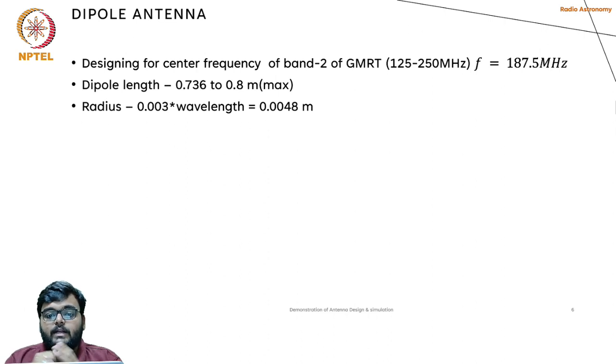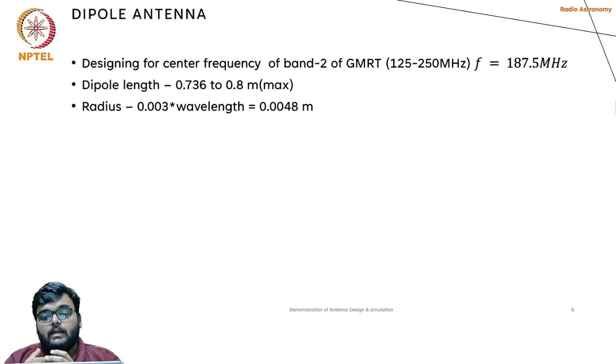There is not one particular antenna for every band, so it operates in different bands. Band 2 is from 125 megahertz to 250 megahertz, so the center frequency is around 187.5 megahertz. We will design for that.